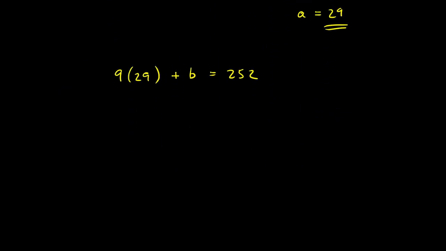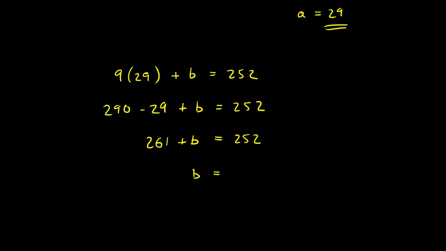Okay, well, 10 times 29 is 290 minus 29 plus b is equal to 252. So what's that going to be? 290 minus 29, so minus 30 plus 1, 261. So 261 plus b is equal to 252. So b is going to equal -9.